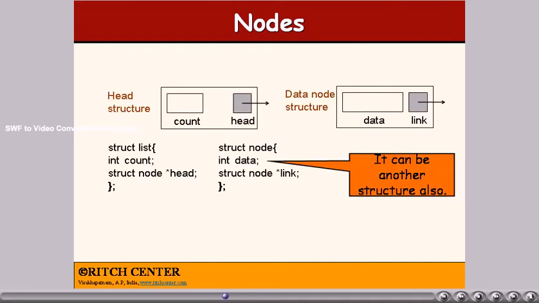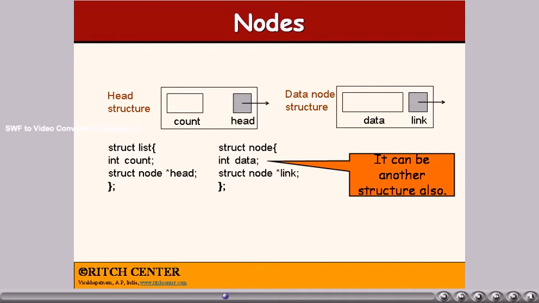Commonly, a variety of approaches are employed in developing linked lists. Some people will have one type of data structure for data nodes in the linked list. They are the real nodes which contain the straight information which we are interested to manipulate. And for the linked list, we may have another structure known as the head structure.